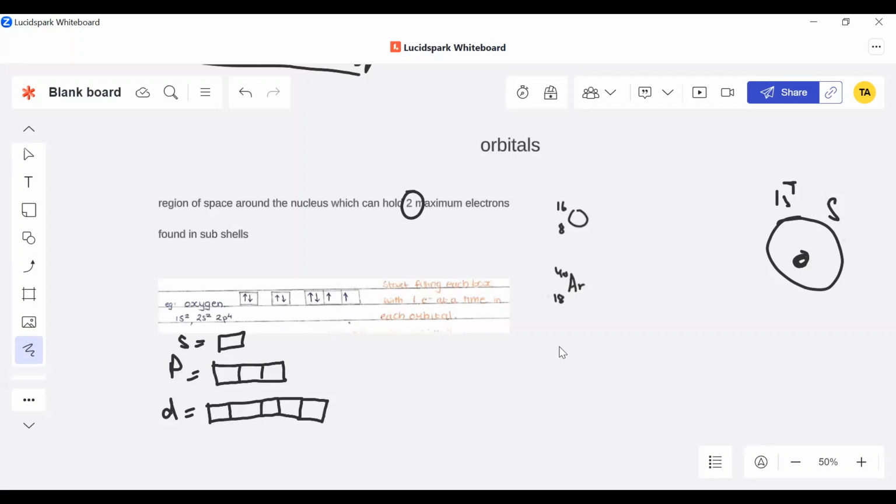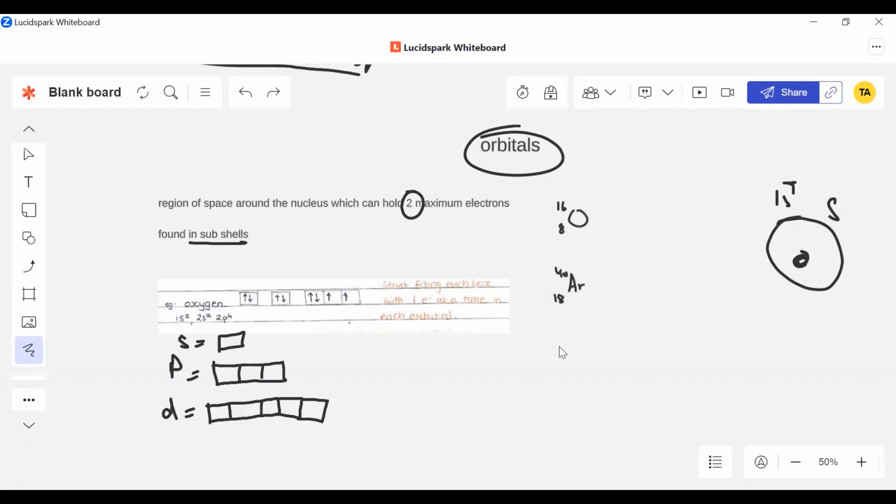Each subshell has a number of different orbitals. So orbitals are found in subshells. What do I mean by that? Well, the S subshell has one orbital. The P subshell has 3 orbitals, 1, 2, and 3.